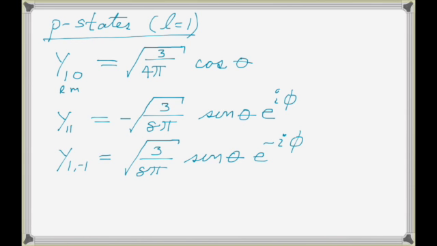We're going to talk about this a lot more when we do spin, but the orbital angular momentum squared, L squared, is L times L plus 1 h bar squared. These YLMs are eigenstates of the angular momentum operator, but we don't need to worry about that for a while.